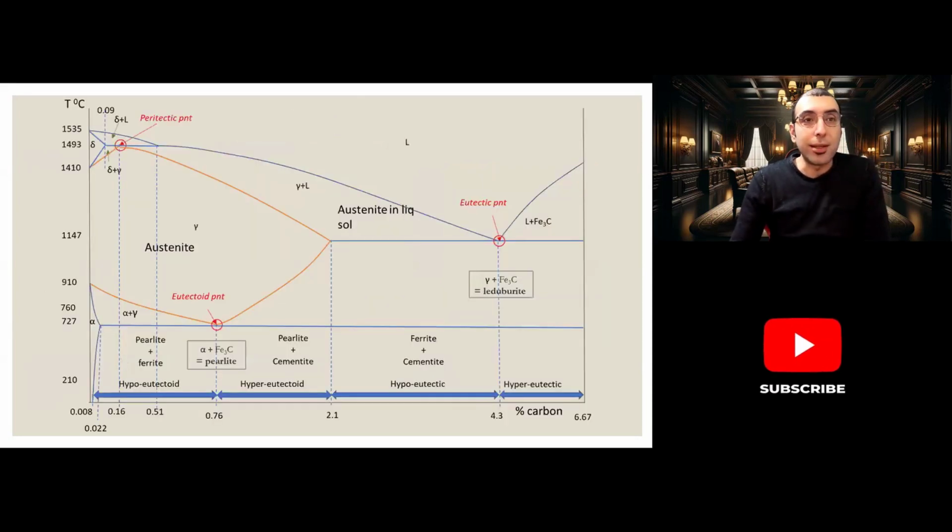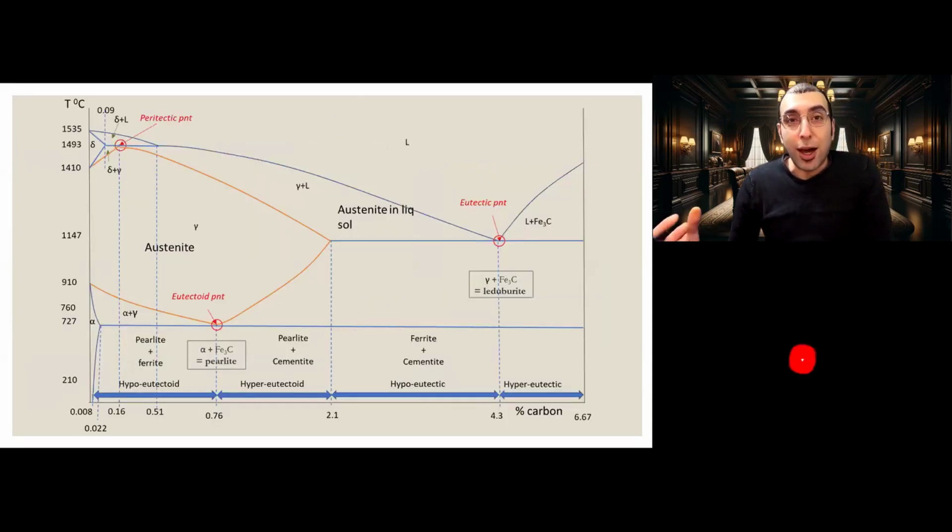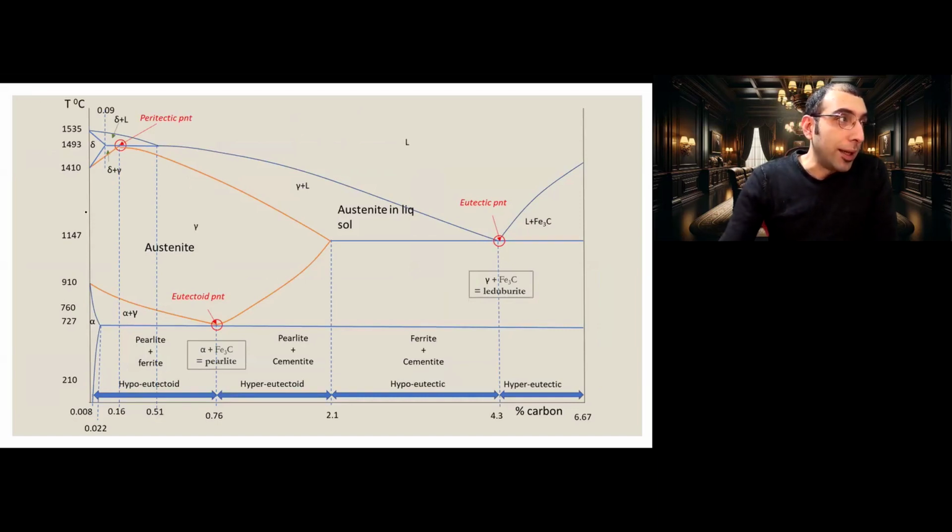So that's the phase diagram of steel, an iron carbon alloy. On the left side here, we have obviously iron, and on the right side, we have carbon. And this is increasing with respect to the percentage of added carbon.